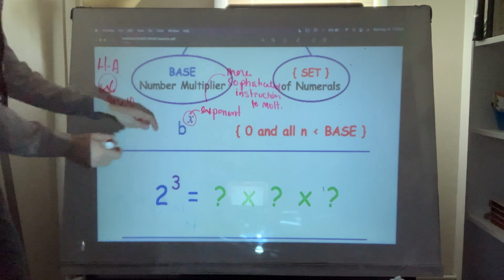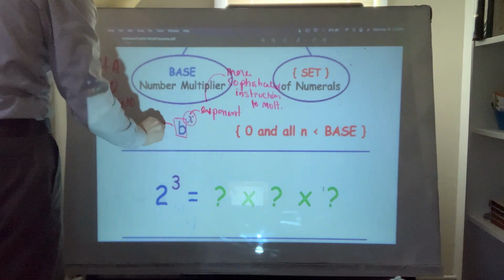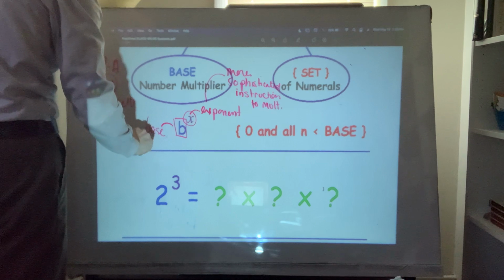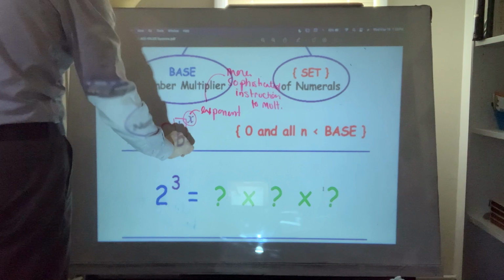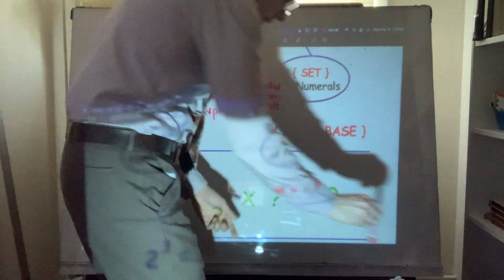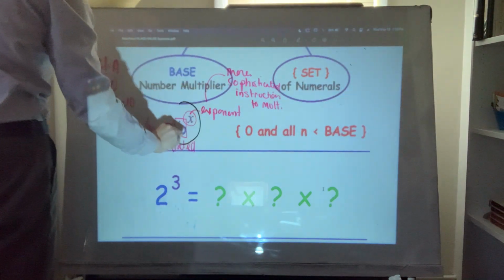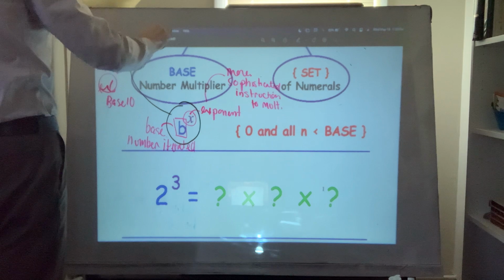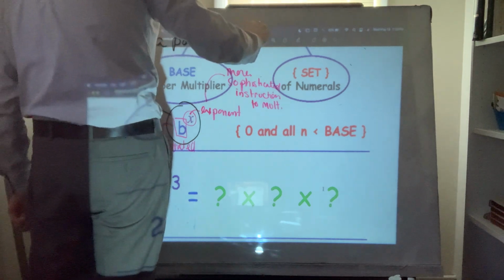This is the base number. This is the number that repeats. Iterated is the way of saying it fancy. The number iterated. The whole thing, the whole kit and caboodle, this part and this part in tandem would be referred to as a power of whatever the base is.